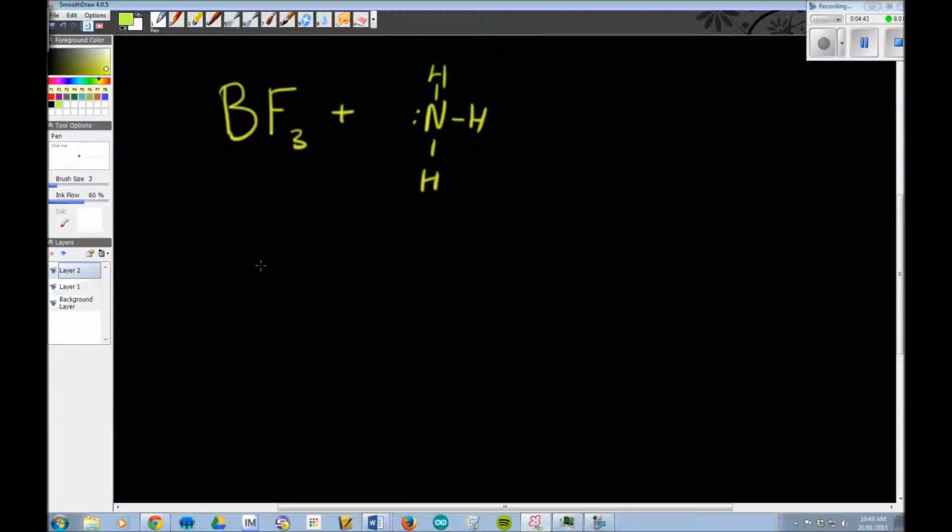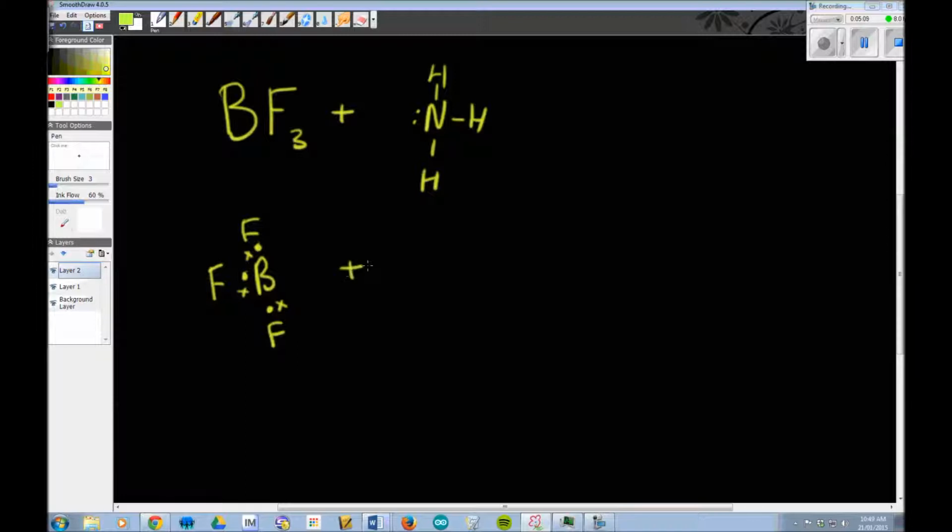Okay, so boron trifluoride, how many electrons does boron have around it? Boron trifluoride is interesting in that there's no octet obeyed here. Take a look at that. This thing is ripe to accept electrons.